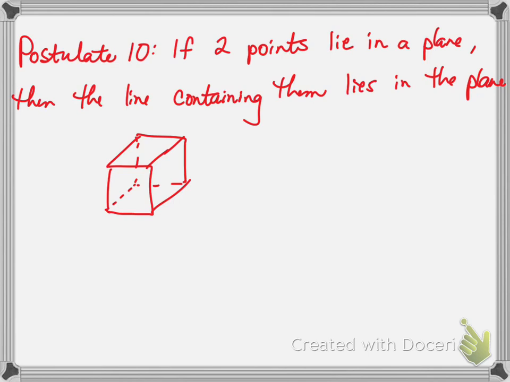Okay, so we have these 2 points right here, which are on the front plane. If those 2 points are on the front plane, then the line that contains those 2 points is on the front plane. That's what that one says.